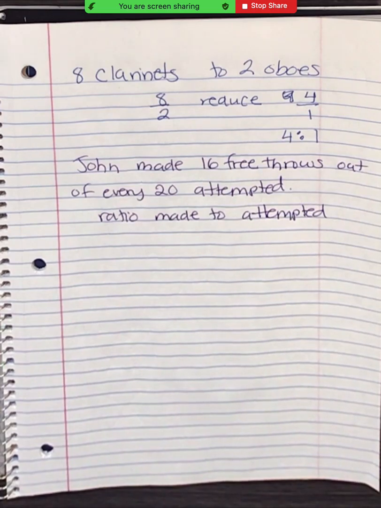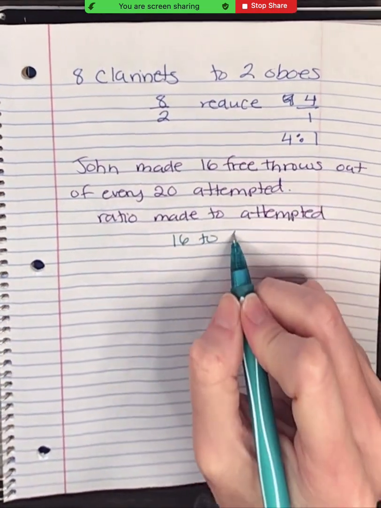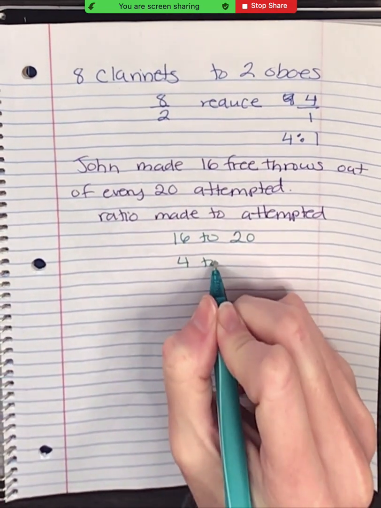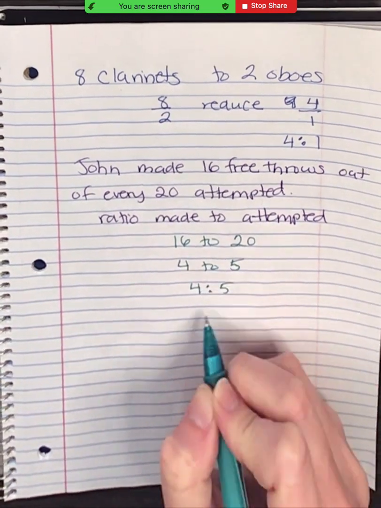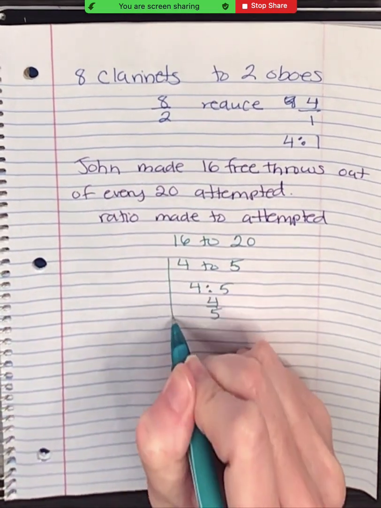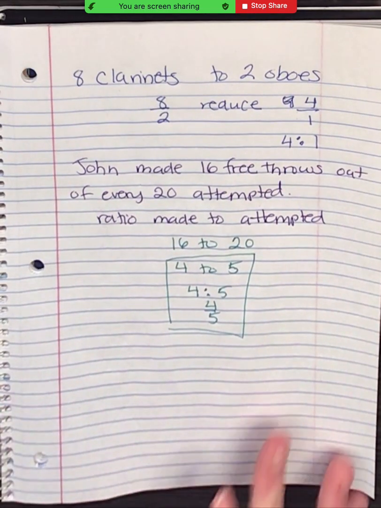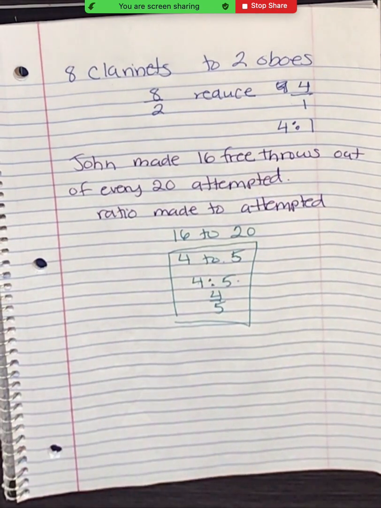Okay, well, he made 16 out of every 20. So 16 to 20, reduce that to 4 to 5. So either of these ways are an acceptable way to write a ratio: 4 to 5, 4 over 5, or 4:5, as long as it's reduced. Okay?